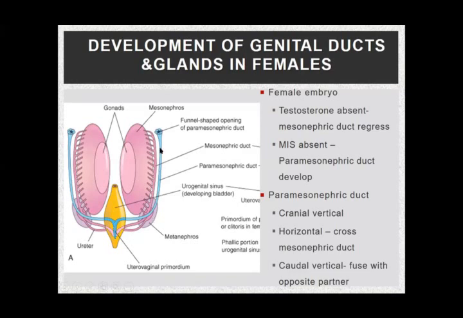I repeat once again, the paramesonephric duct has three parts: a cranial vertical part, a horizontal part that crosses the mesonephric duct, and then a caudal part, which is once again a vertical part. The caudal parts of the right and left sides fuse with each other, and they form what is called the uterovaginal primordium.